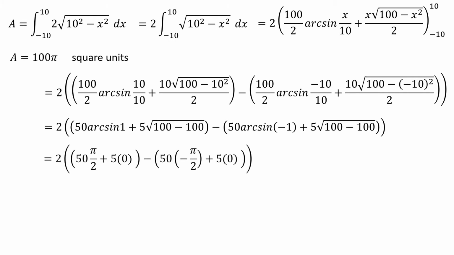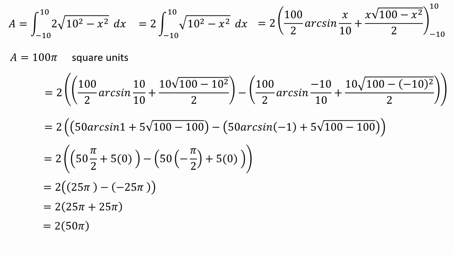And then arc sine of 1 is just going to be pi over 2. Arc sine of negative 1 will be negative pi over 2. And of course, when I have my 5 times 0, that's just going to disappear. So as I continue to simplify, it looks like I've got 25 pi plus 25 pi.